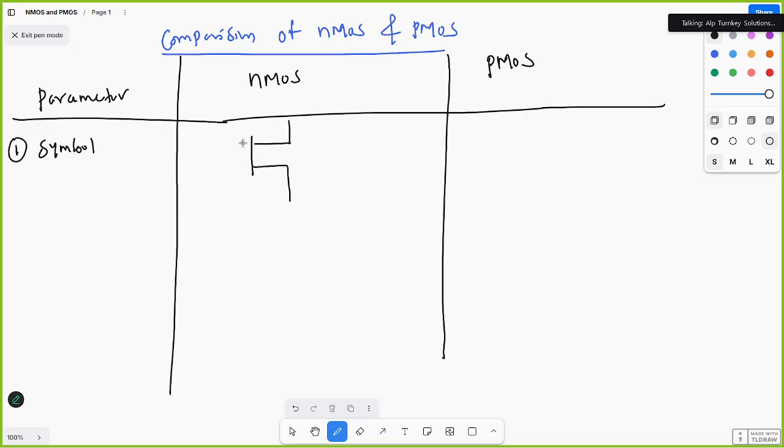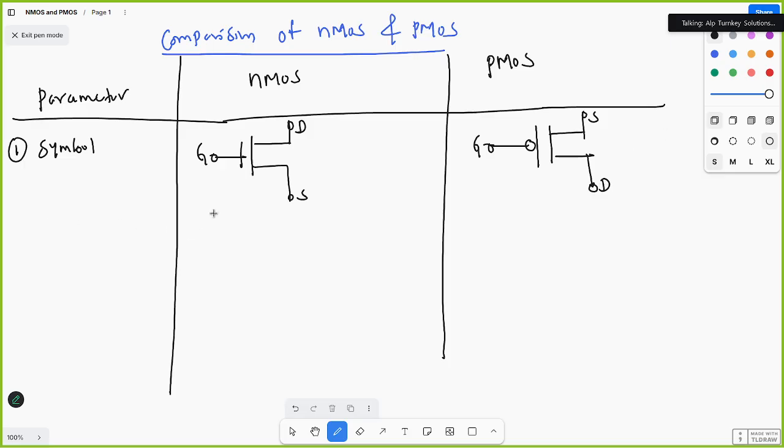This is the symbol: this is the gate, drain, and this is the source. And for PMOS the symbol has a bubble. What are the terminals? Gate is common. Here source and drain, source and drain.